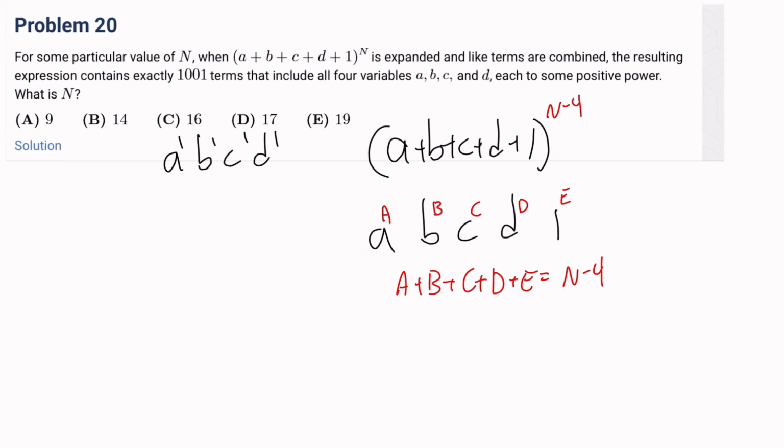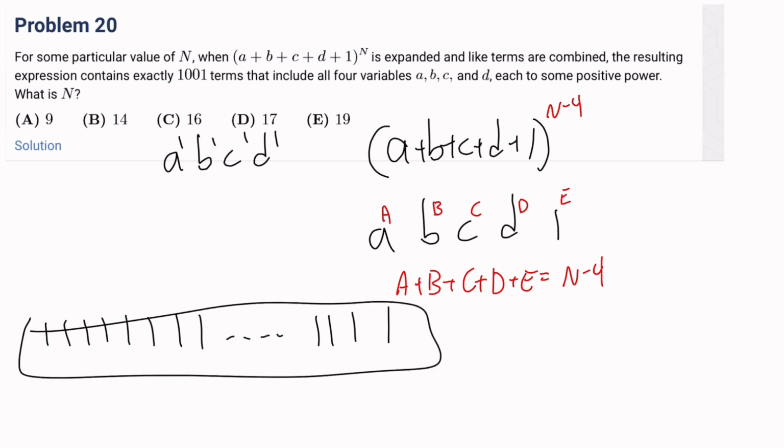To do that, let's write a list of n minus 4 ones. So it will be 1 1 1 1 1 1 1 1 all the way to the n minus 4th one, right? So this is the total list.